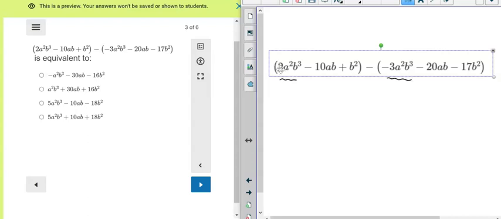So you just do 2 minus, from here, and then negative 3. Okay, so those get combined together and then you have a squared b cubed. So 2 minus negative 3 is going to be positive 5, because minus minus is plus.